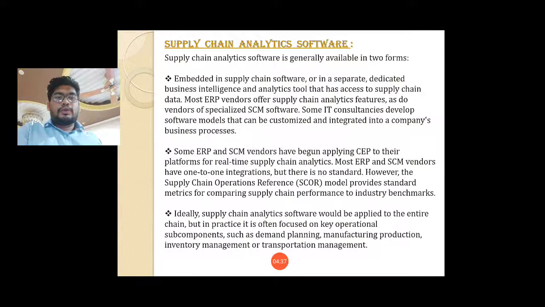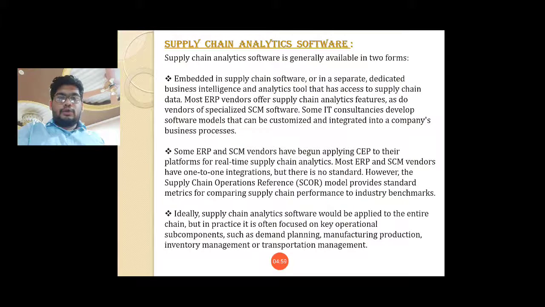However, the Supply Chain Operations Reference module provides standard metrics for comparing supply chain performance to industry benchmarks. Ideally, supply chain analytics software will be applied to the entire chain, but in practice, it is often focused on key operational subcomponents such as demand planning, manufacturing production, inventory management, or transport management.